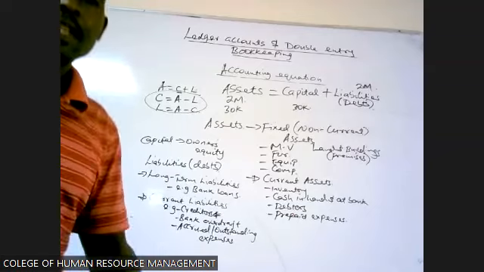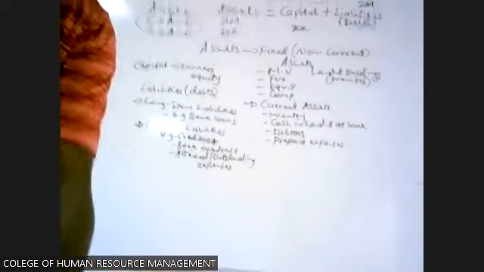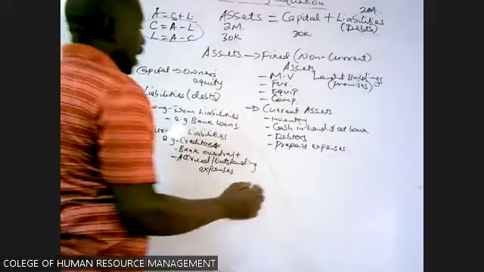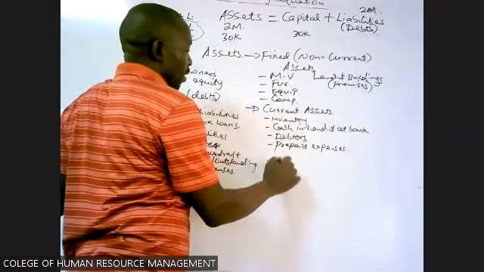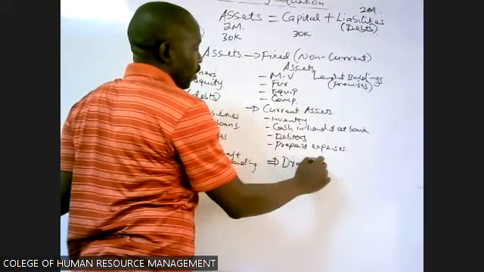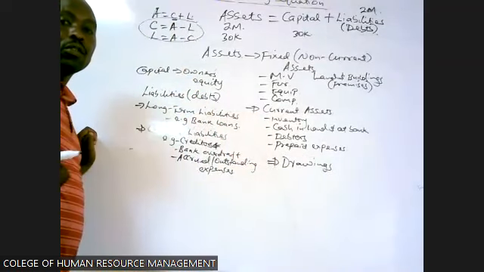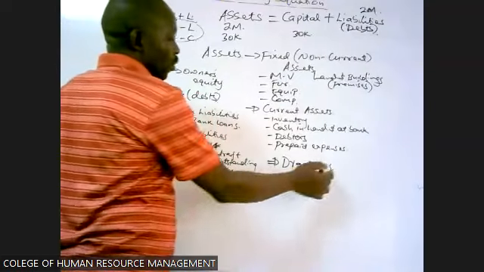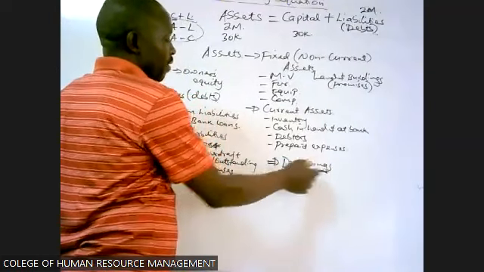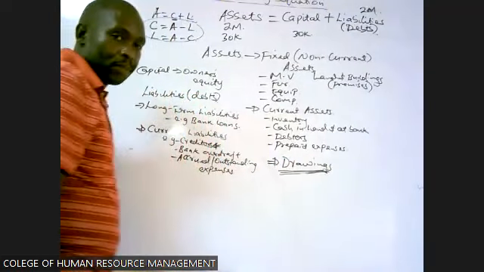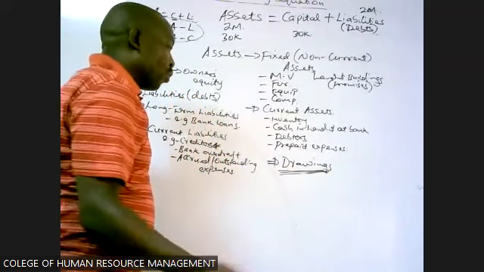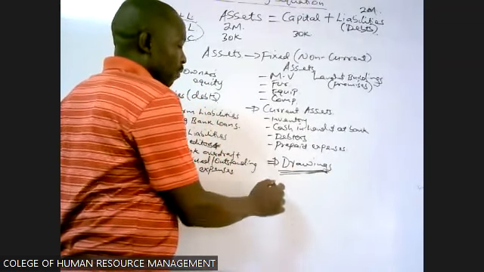At the point of taking the money, that amount, we normally say that you have done drawings. When you take money for your own personal use, at that point of taking the money, you say that you have done drawings. So what will happen is this: cash will have reduced.